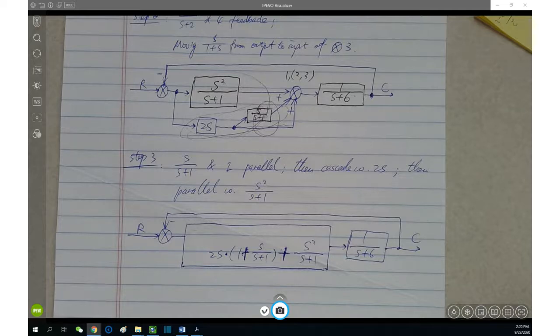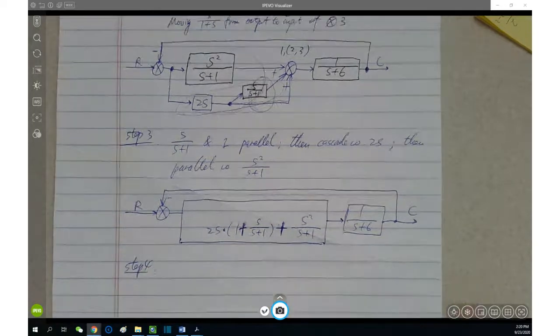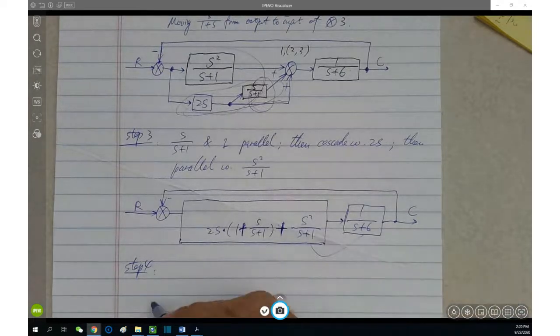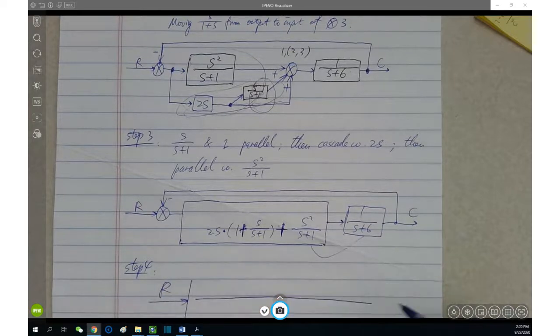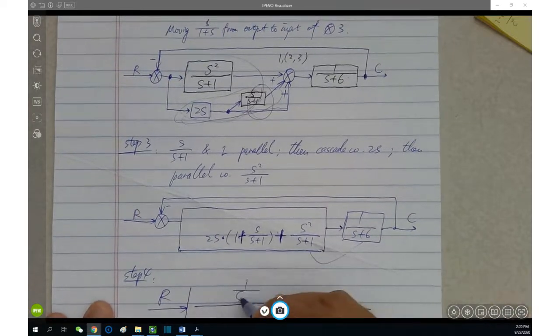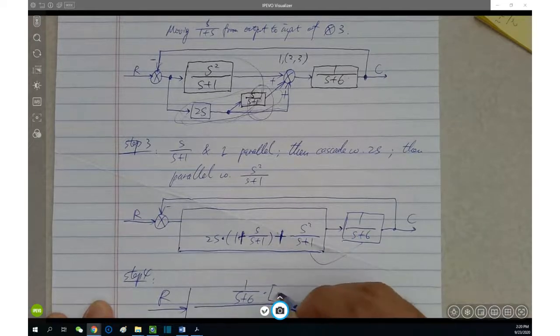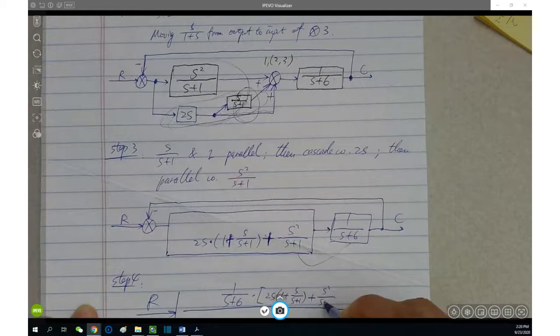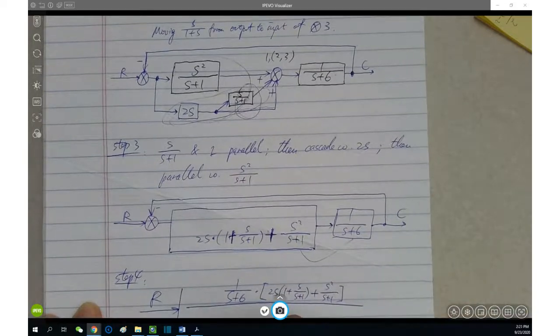I think this is very difficult. And then the last one, just do what? Just do 1 cascade, these 2 cascade, and 1 feedback, and then the total is going to be like this, right? Total is going to be S over 1 plus, same thing.